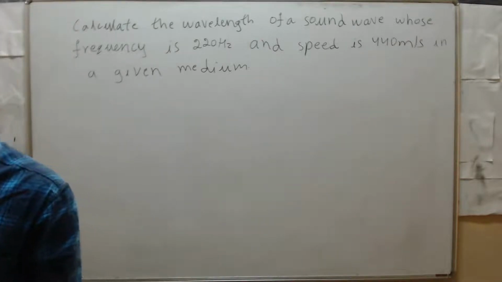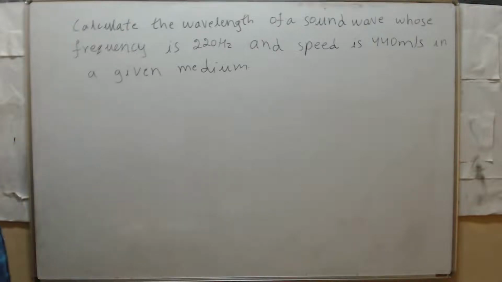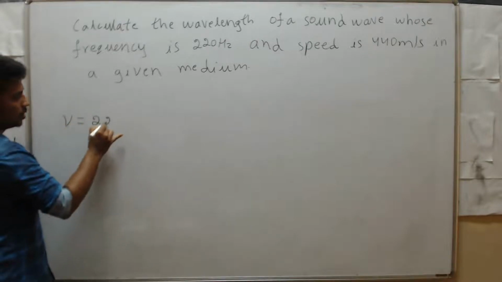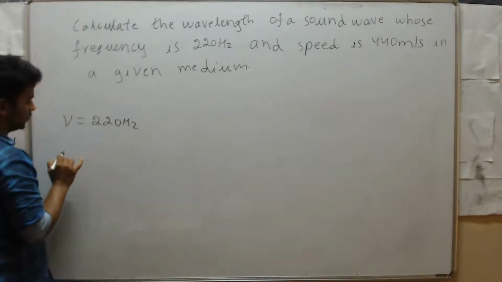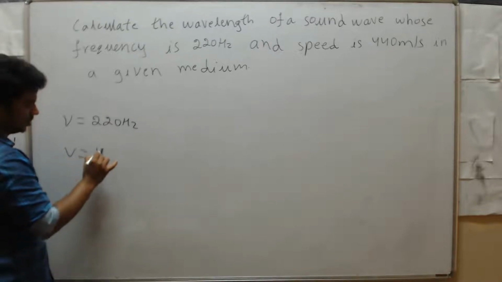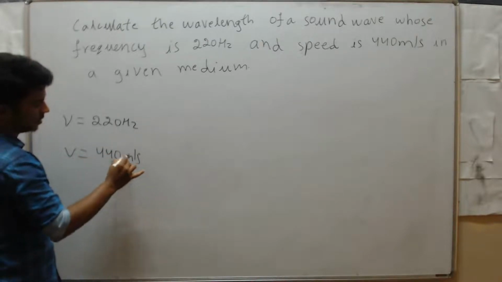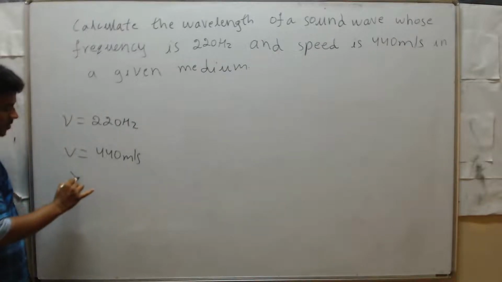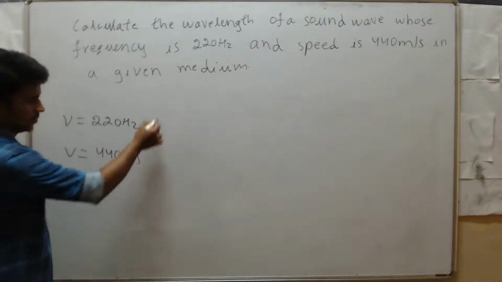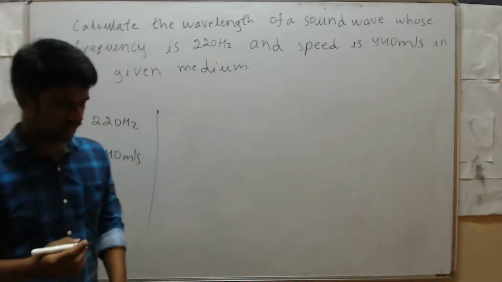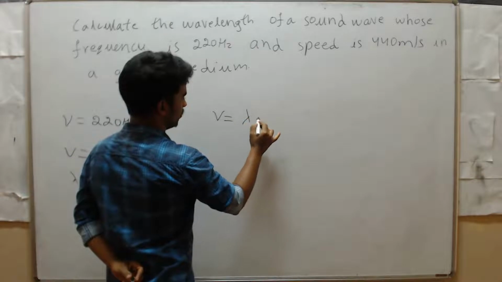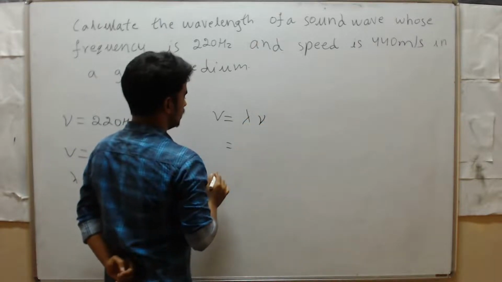First write the given data. Frequency mu is equal to 220 hertz. Speed of sound v is equal to 440 meter per second. Then calculate the wavelength. v equals lambda into mu, so we need lambda.